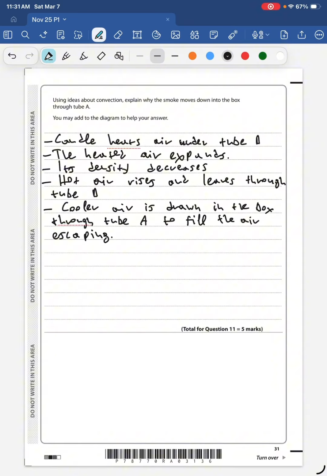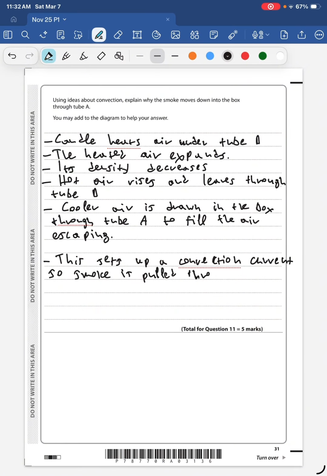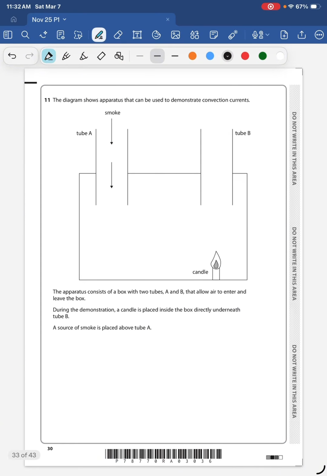This sets up a convection current. So smoke is pulled through tube A. So I don't know what kind of diagram they need, but I guess the smoke will go this way. You will have a convection current.